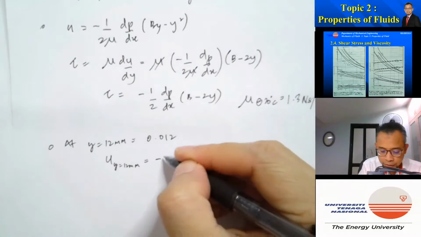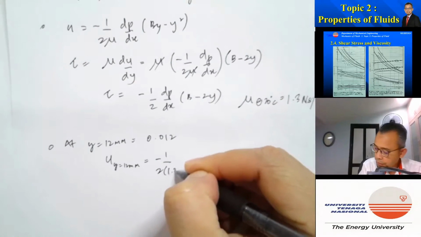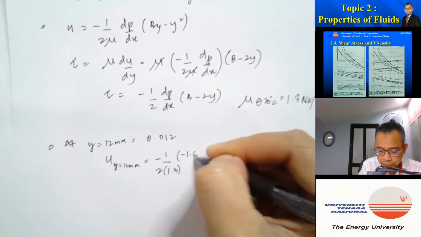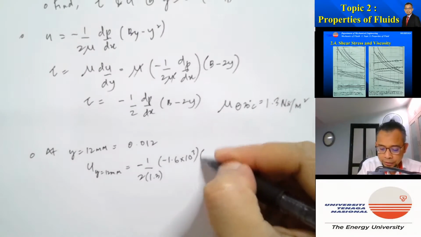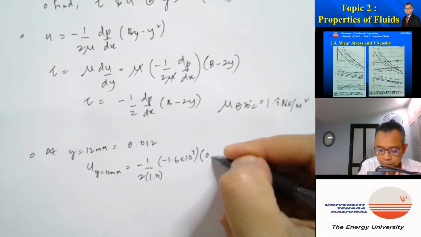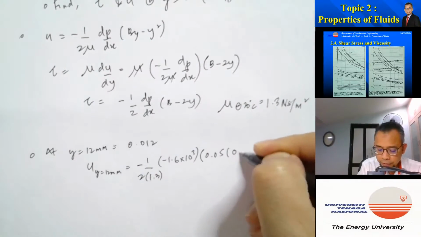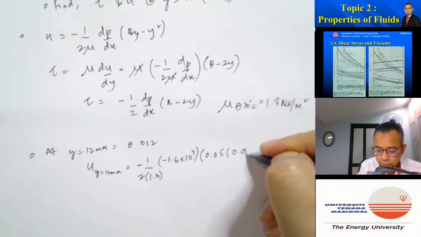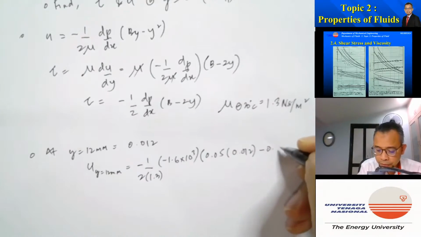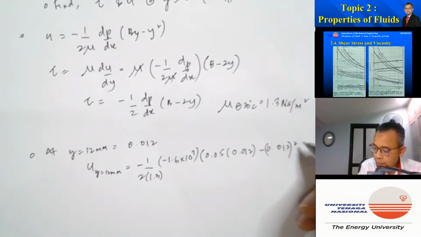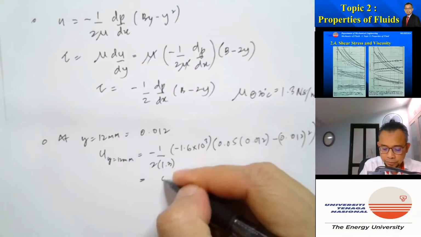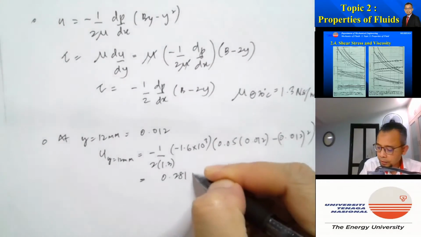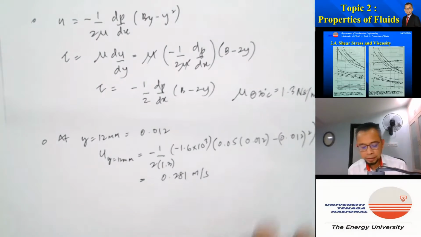So minus 1 over 2, 1.3, minus 1.6 times 10 to the power of 3, that's the pressure gradient, 0.05, that's B, 0.012 minus 0.012 squared. That gives us the velocity equal to 0.281 meter per second.